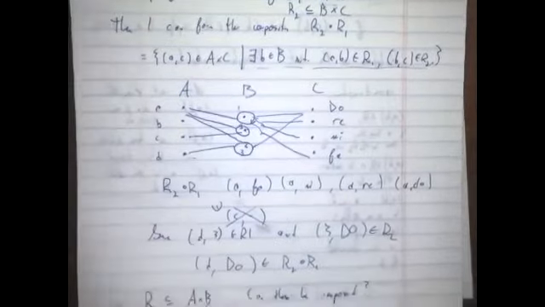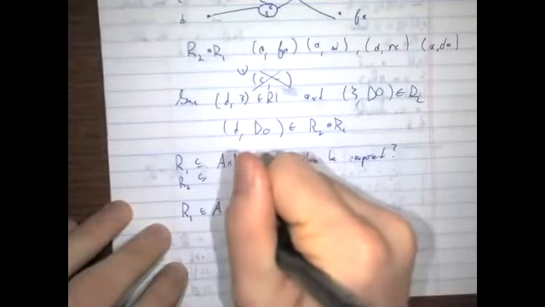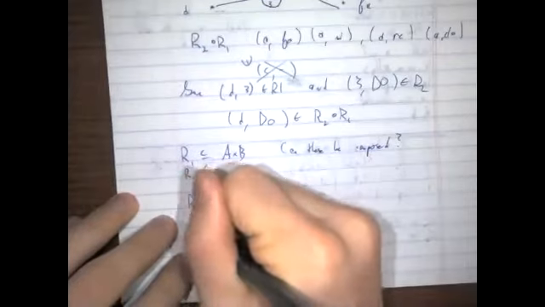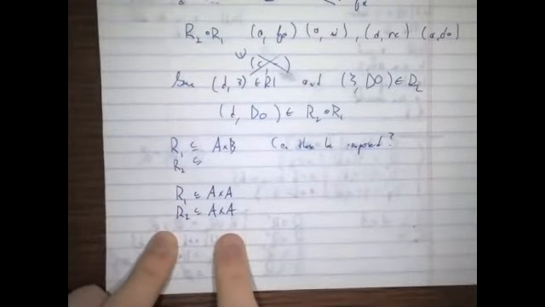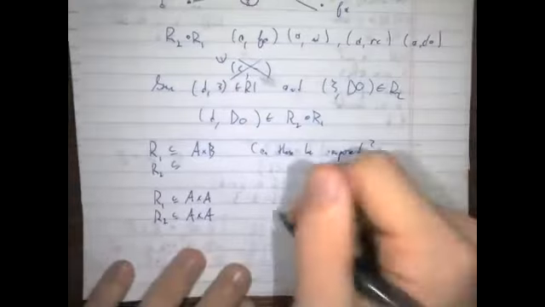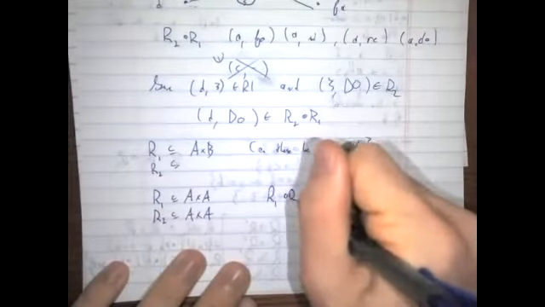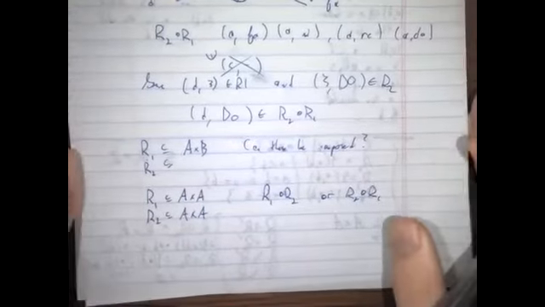Then we can compose. Now, a special case of that is if we have R1 subset A cross A and R2 subset A cross A. Can these relations be composed? Now these relations can be composed in either direction. I can either do R1 composed with R2 or R2 composed with R1, right?